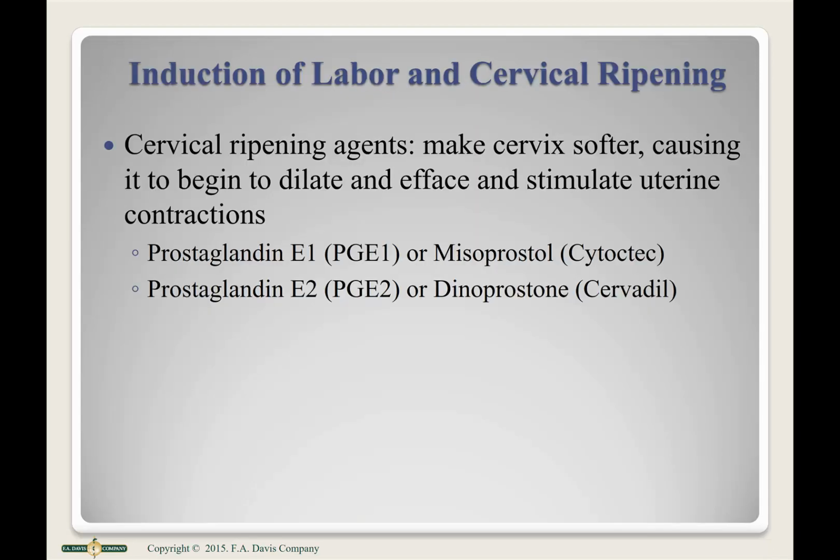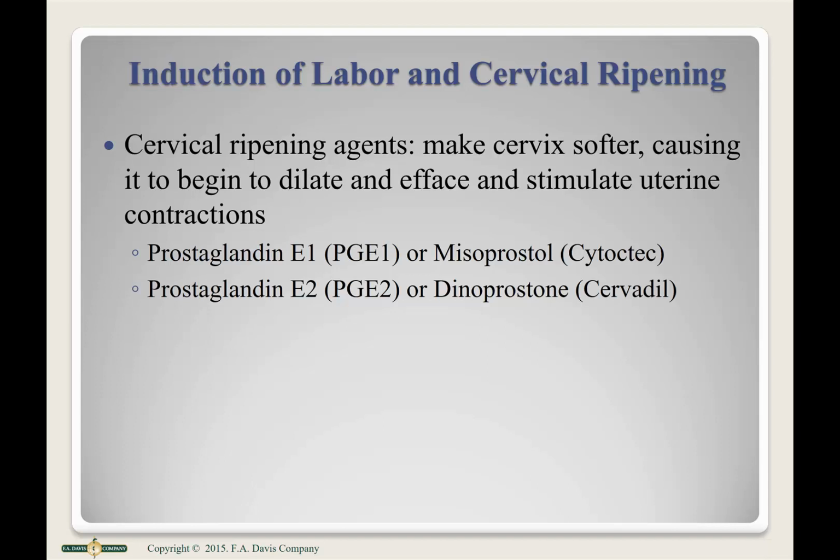Okay. So when we talk about getting that cervix ready for induction, we want to use cervical ripening agents. These are a little bit different than induction agents. They're not really causing labor, but they're trying to convince that cervix to be inducible. These are the drugs that we would give to those women who scored low on that Bishop score, which said that their cervix wasn't inducible or favorable.